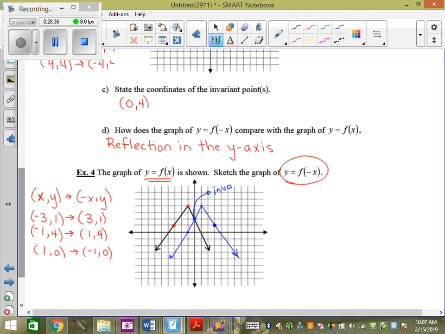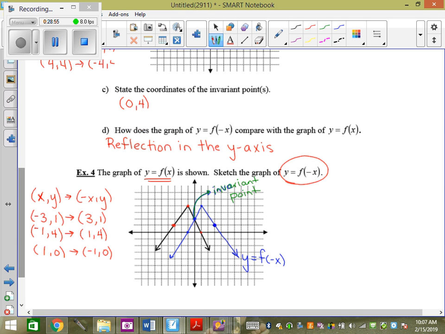Let me choose a different color. And what I would like to see is you label this y equals f of negative x. Label your equation.